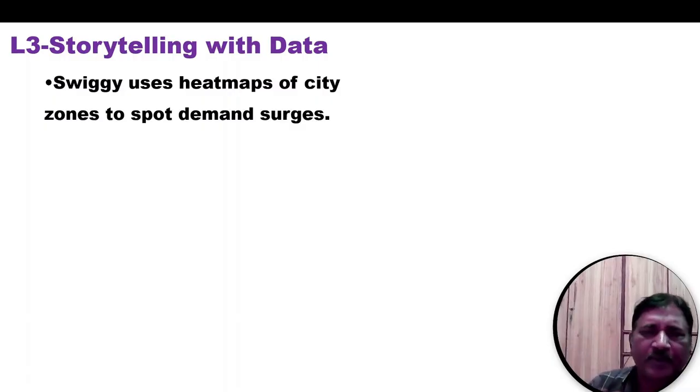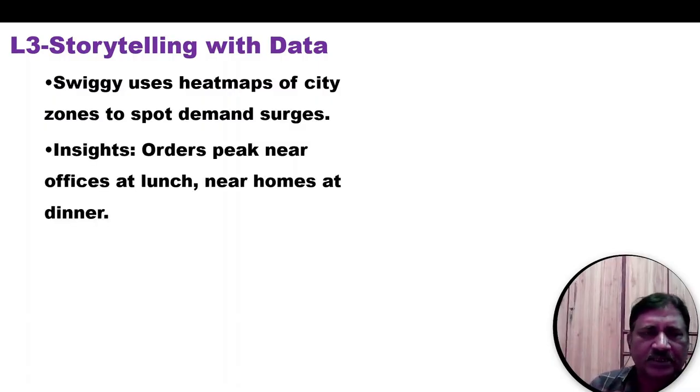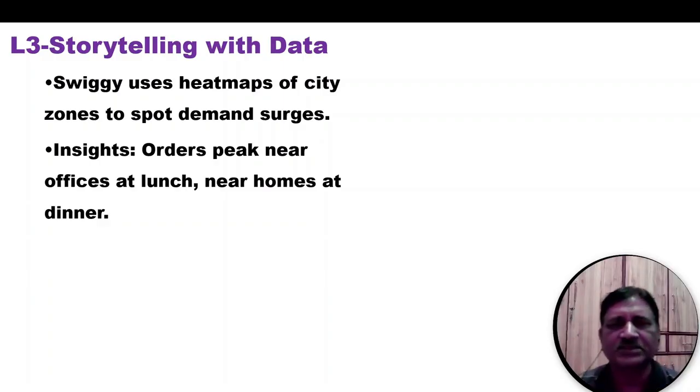Swiggy used a heat map of the city zones. A heat map is something which shows the density of certain data against location. Swiggy uses a heat map of the city zones to spot demand surges. The insight from this is that orders peak near offices at lunch and near homes at dinner.